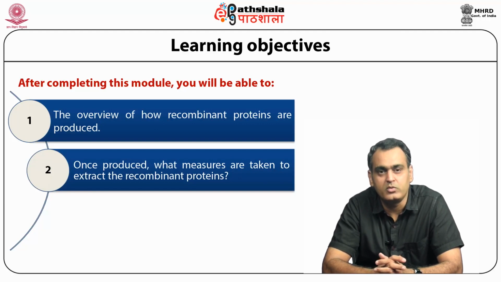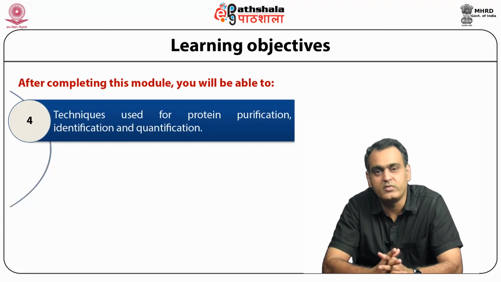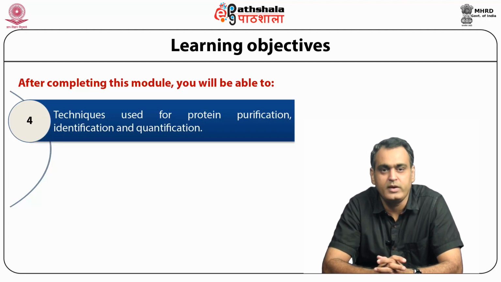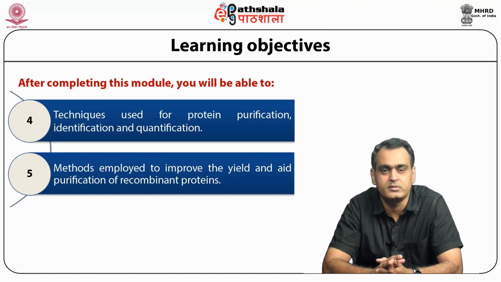We would also talk about the characteristics of proteins that form the basis of purification of recombinant proteins, techniques used for purification, and identification and quantification. Finally, we would talk about methods employed to improve the yield and aid purification of recombinant proteins.